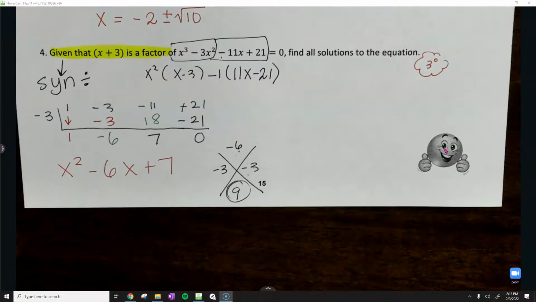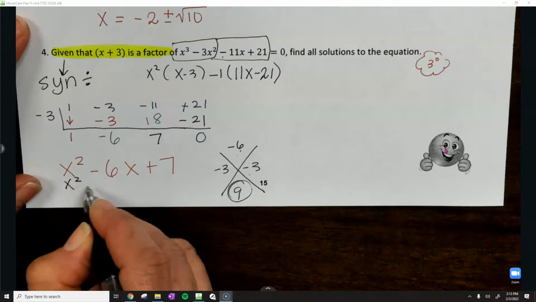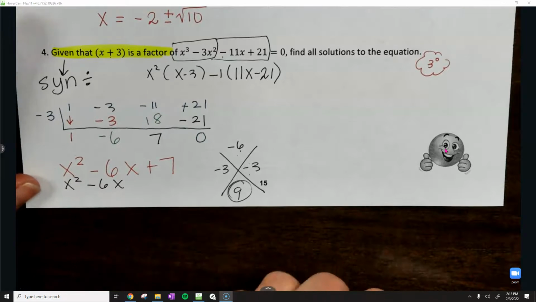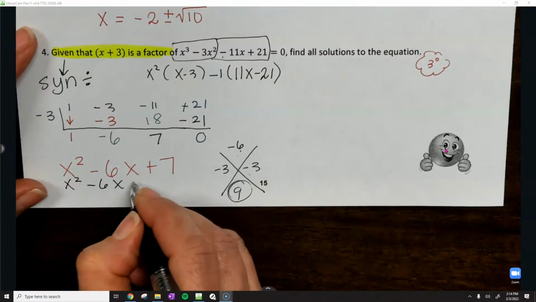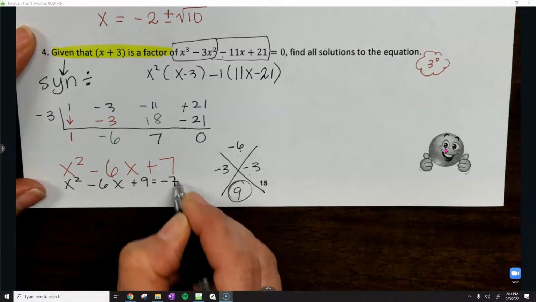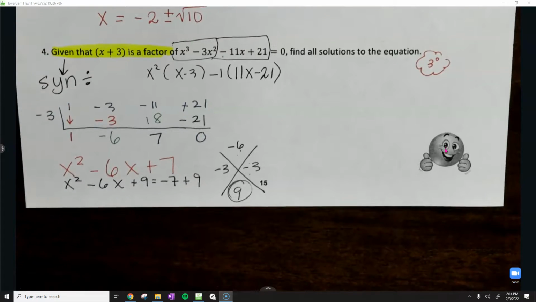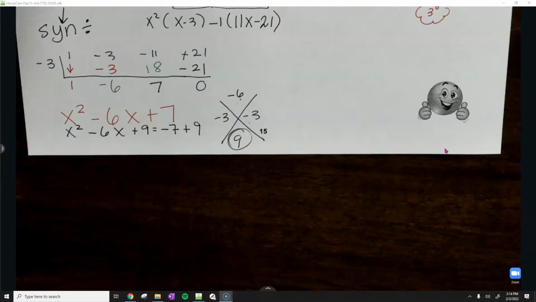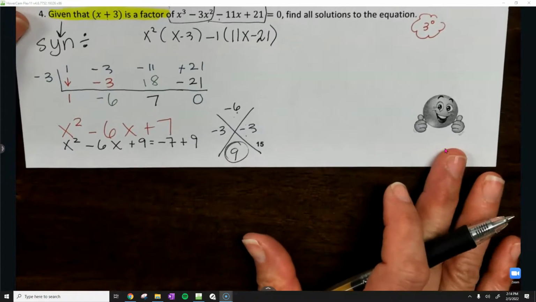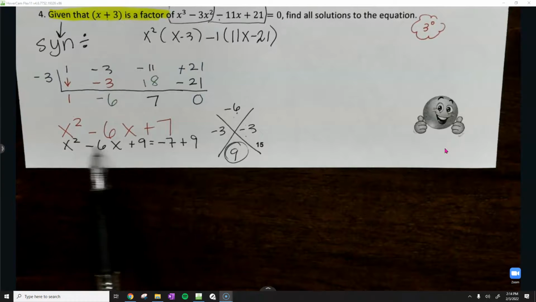That's what we're going to pull out of thin air. All right, so here we go. X squared minus 6x, that 7's in the way, plus 9 equals negative 7 plus 9. Y'all, what is this side factor to?